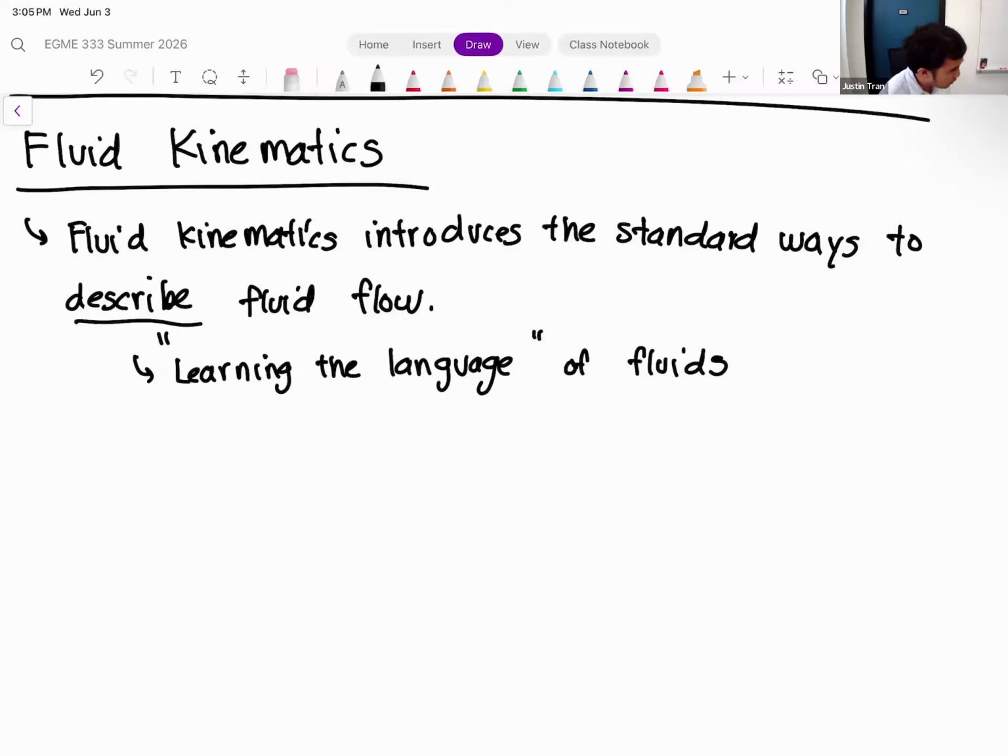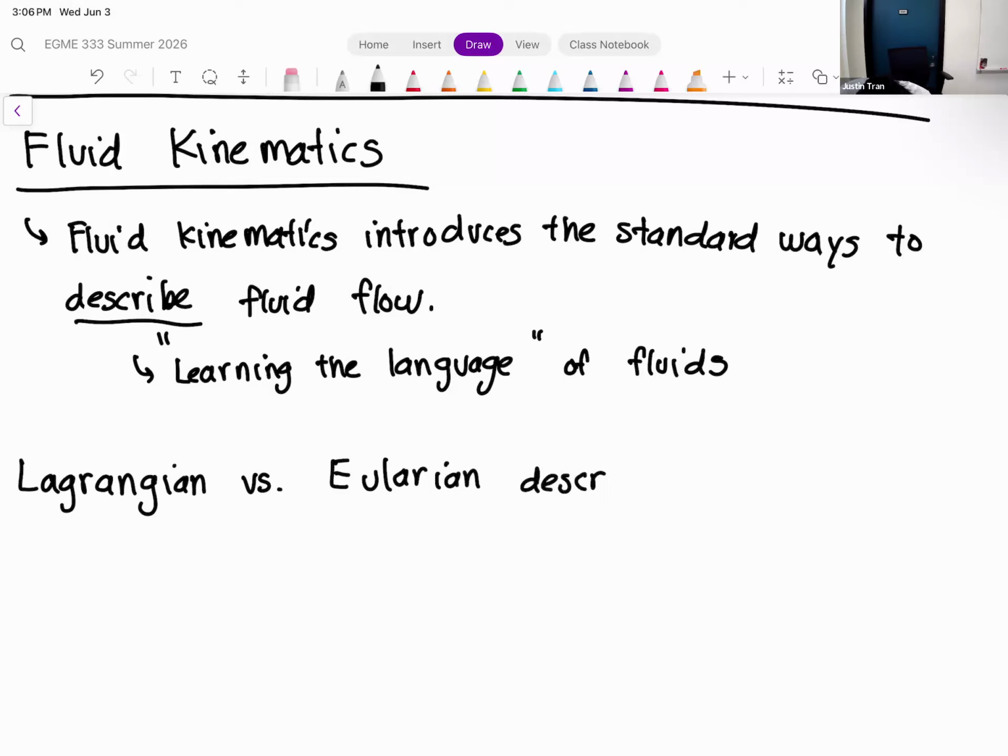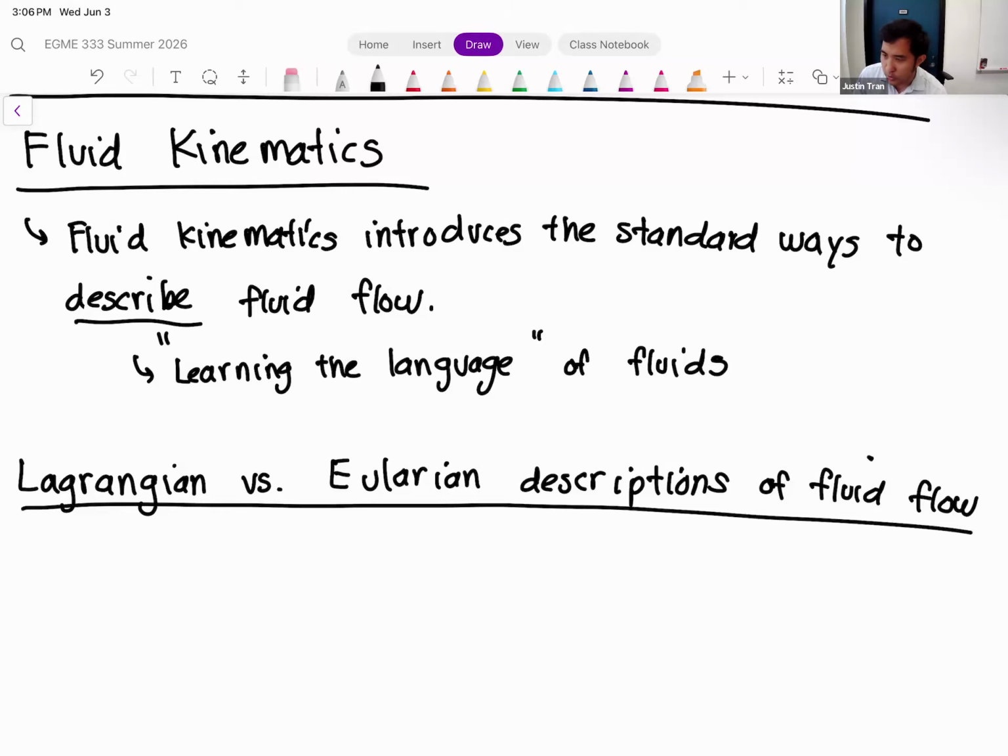So the first concept in fluid kinematics is this idea of the Lagrangian description versus the Eulerian description. Those sound very fancy, just because they're named after people.